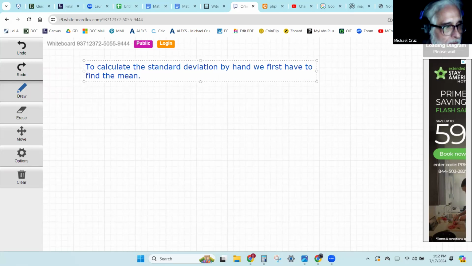Okay. Now thinking here, this one does say sample standard deviation. Okay, this is the first sample one I've seen. All the other ones were population. All right.